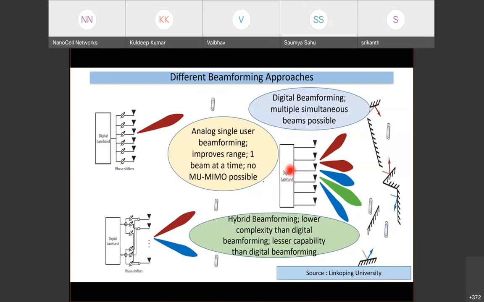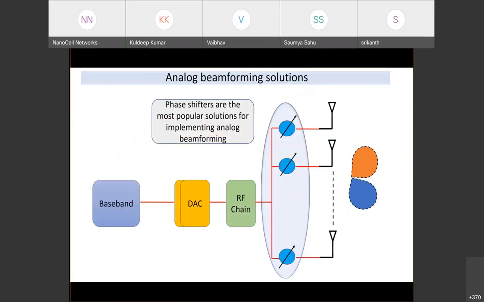It's simply because there is a lot of complexity involved, where we have to run multiple digital to analog converters, etc. There is a lot of complexity and cost involved in this. So people sometimes go for analog, sometimes go for digital, sometimes even go for a combination called hybrid, where they combine digital and analog. Let me take you through that in a little bit more detail.